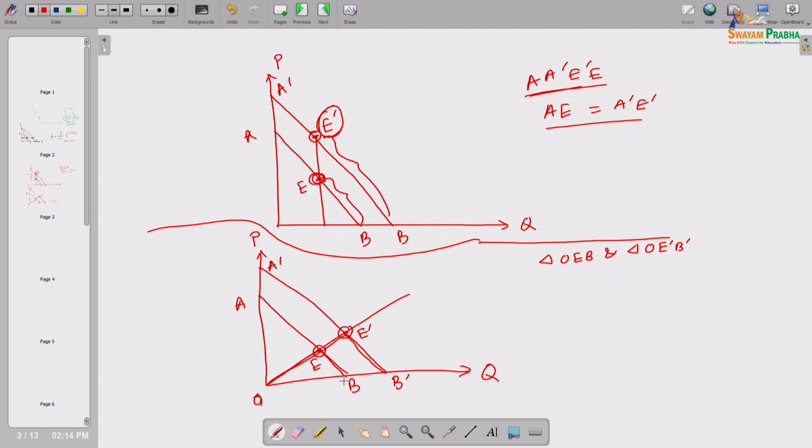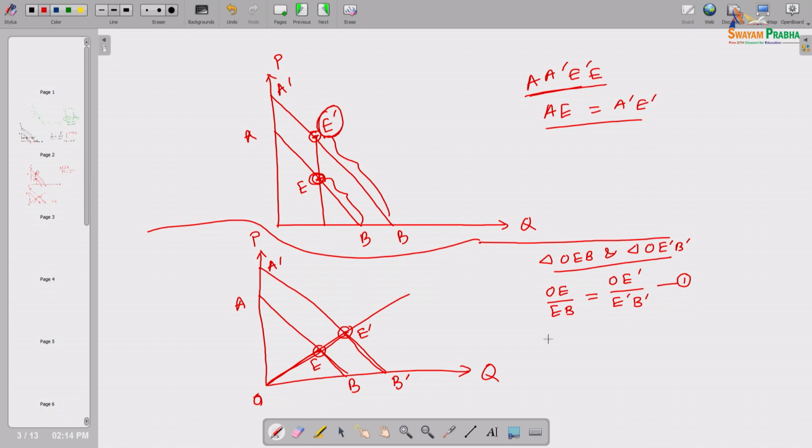So these two triangles are similar. By similarity, we can write that OE by EB is exactly equal to OE' by E'B'. Suppose that is our equation number 1.